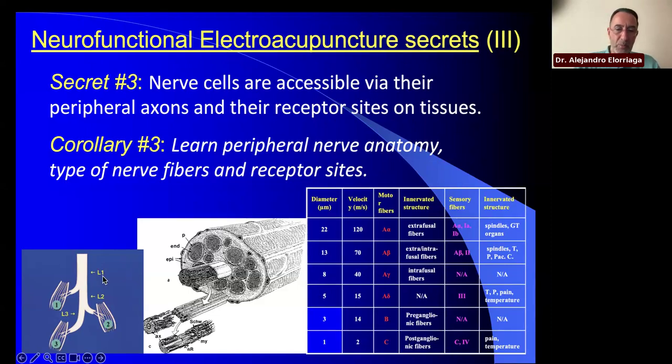We need to study one thing that I will not get into today, which is called fascicular anatomy. Fascicular anatomy refers to this. The fascicles are the groups of axons that are packed into the nerve, and these fascicles are not constant throughout the length of the nerve.